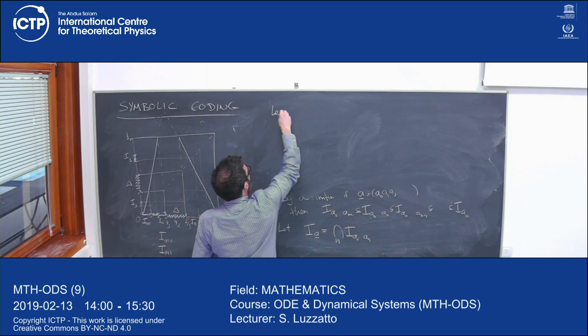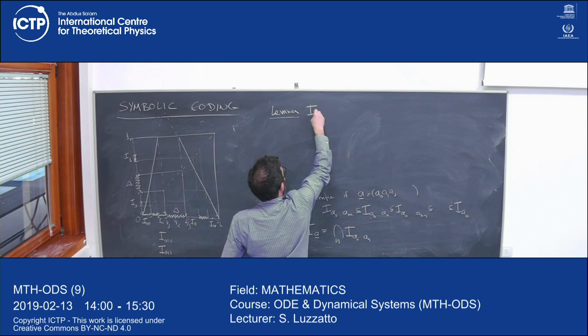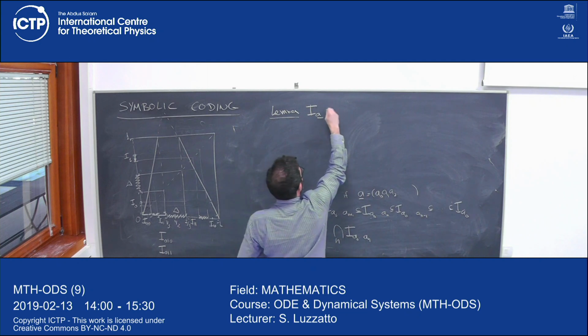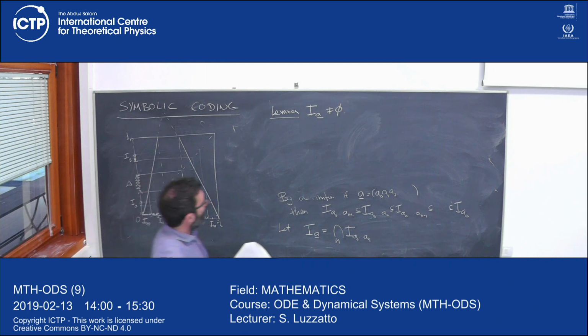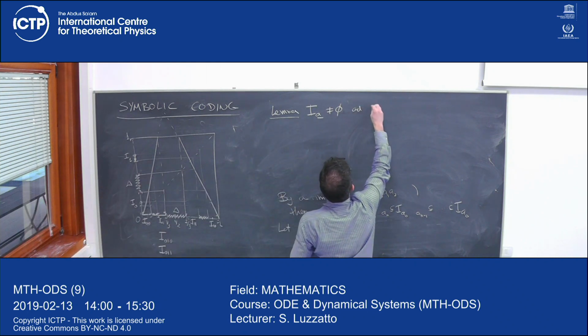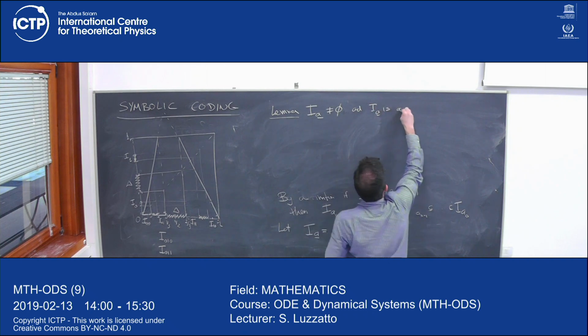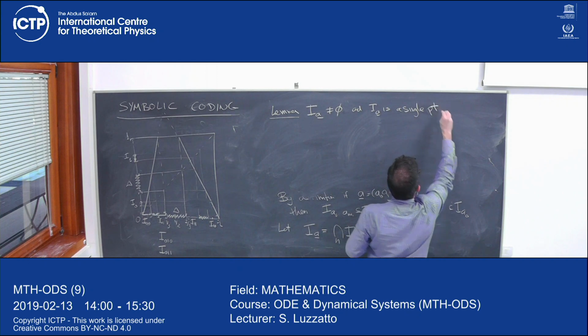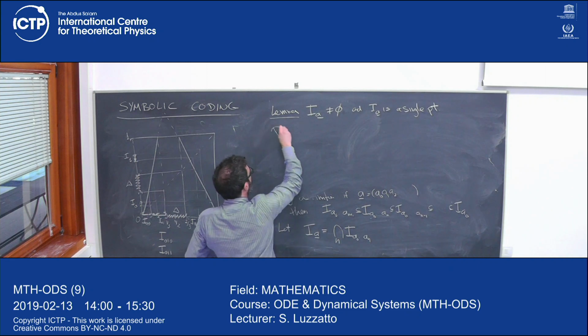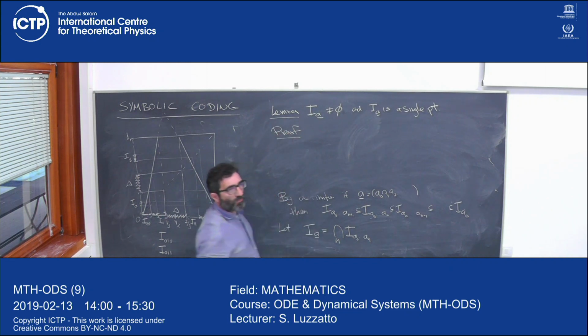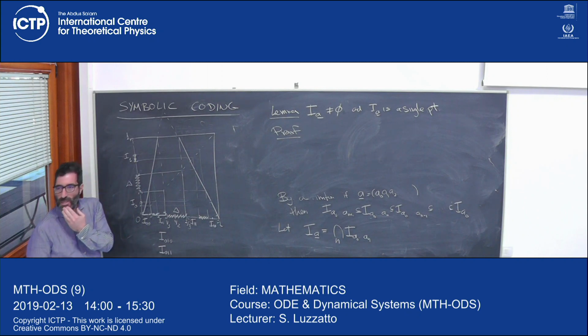So, lemma: I of a bar is non-empty, and I of a bar is a single point. These are two independent statements.